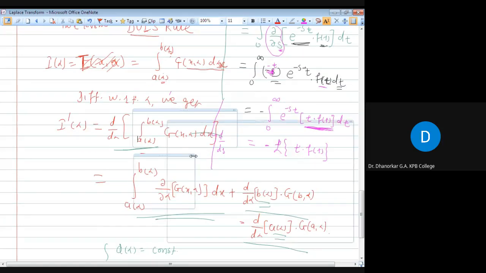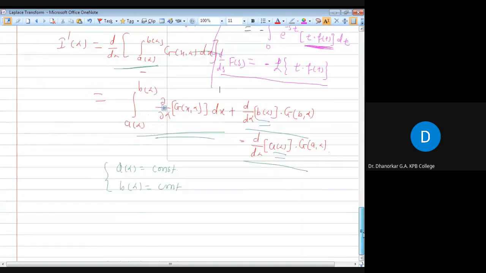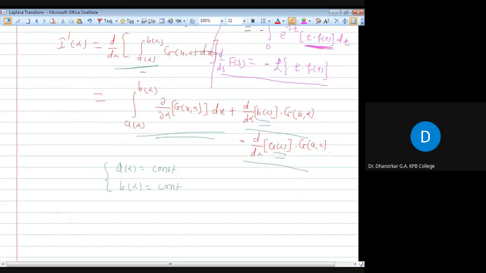And we get this term as f of s. Okay. We are at this stage. I will rewrite this term. Therefore, we get, I will write this term first, the right side.